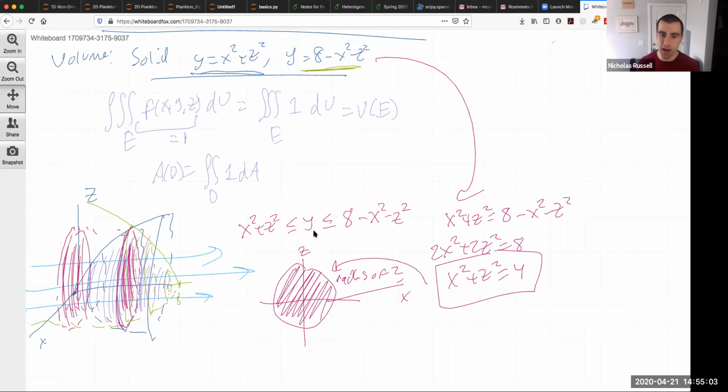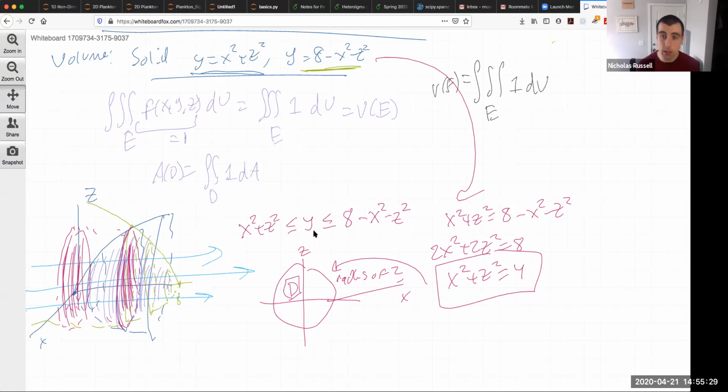I have to integrate out y and then kind of shift variables over. So let me write this down. I'm going to name this region D here. Okay. And again, we are saying here that the integral over my region E, this is going to be the volume of E, right?